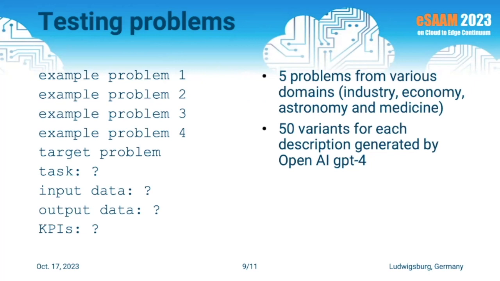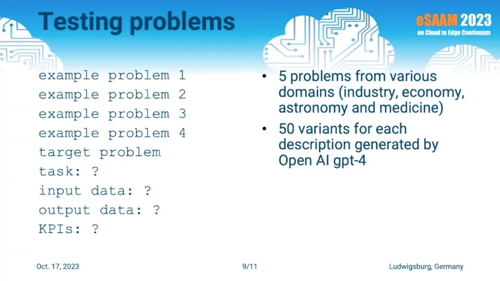And then we used OpenAI GPT-4 to extract the task definition for our problem using such a template. So you have example problems where we specify the description and the target task. And then you have the target problem, and you are asking about the formal definition of the task. So this was used to actually extract the outputs.